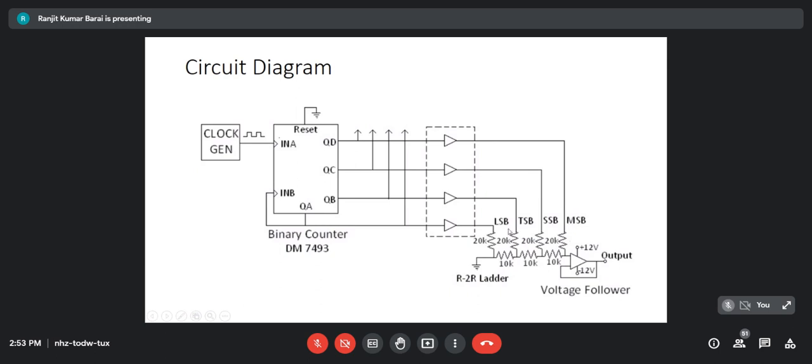And here the layout is right hand side is MSB and left hand side LSB. The intermediate two you can neglect, no meaning. Actually, the third significant bit and second significant bit have been wrongly placed. You can just neglect the presence of this TSB and SSB.